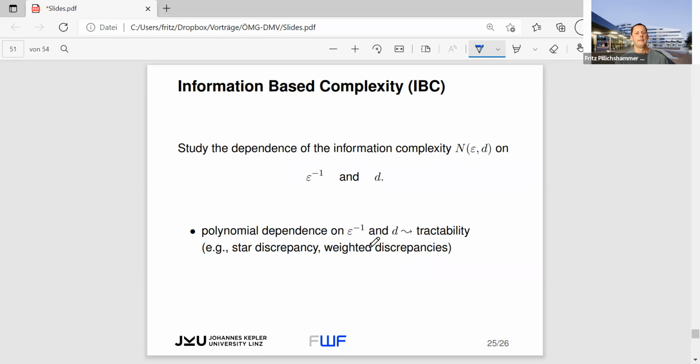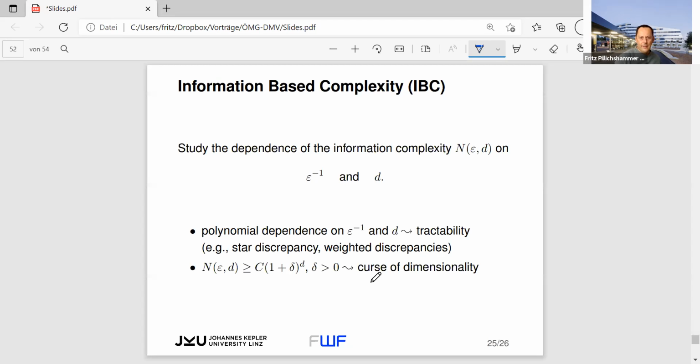For example, the classical star discrepancy has this property. The inverse of the classical star discrepancy depends linearly on the dimension d, and at most quadratically on 1/epsilon. So the classical star discrepancy is polynomially tractable. This was a surprising result from 2001, I guess, by four authors: Stefan Heinrich, Erich Novak, Greg Wasilkowski, and Henryk Wozniakowski.